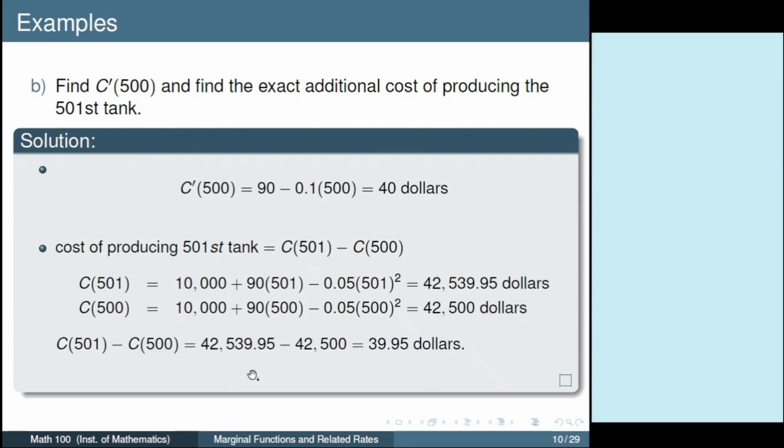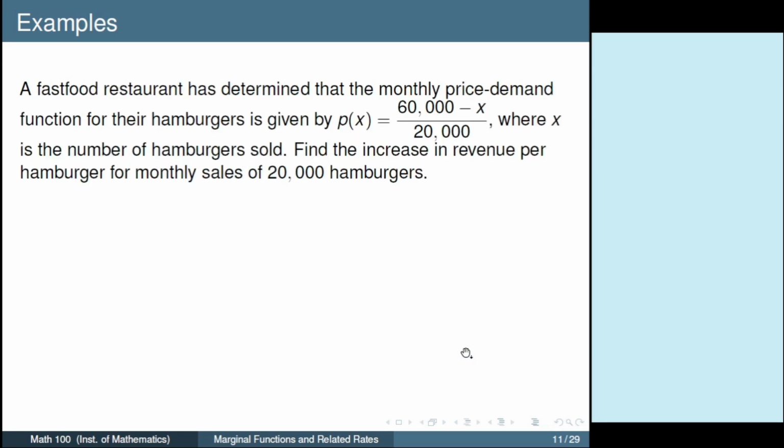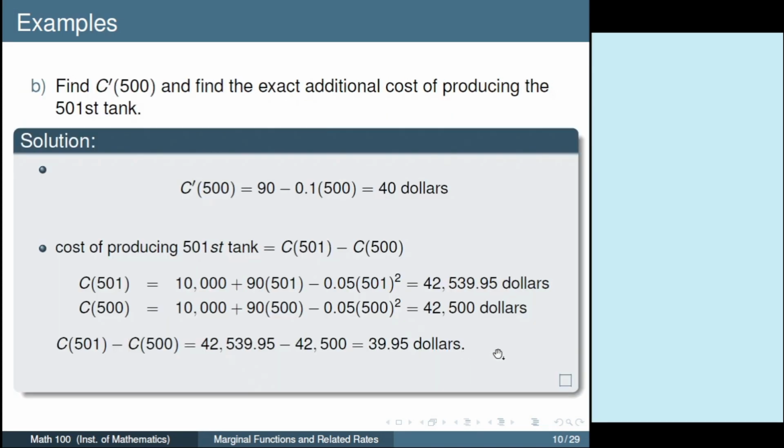Subtracting the two, you'll get 39.95. So this is the exact additional cost of producing the 501st product, which is close to our C prime of 500, which is equal to $40. Okay? So as we can see, our C prime of 500 is a good approximation of C of 501 minus C of 500.